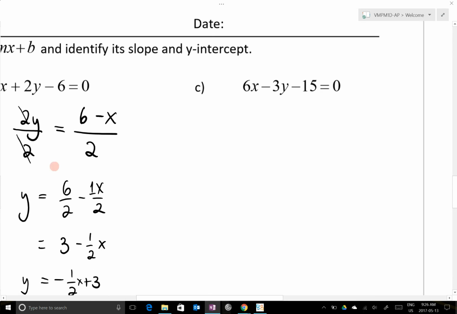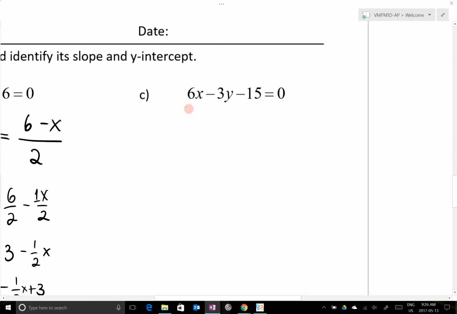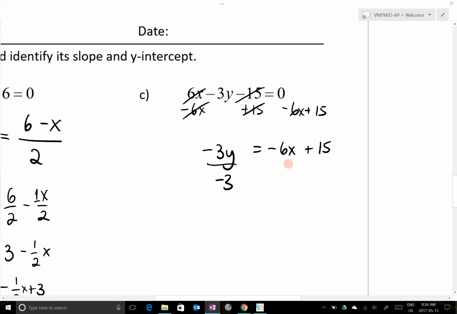Okay, what about this one here? Okay, so let's subtract 6x from both sides, and let's add 15 to both sides. Okay, so what we get is minus 3y equals 6x plus 15. Now I haven't isolated a y yet, and I can only do that if I divide both sides by negative 3.